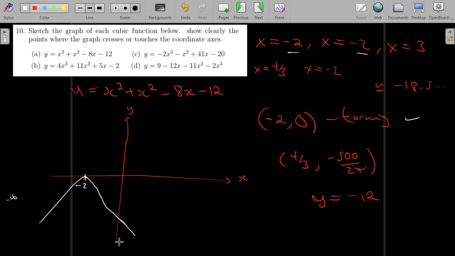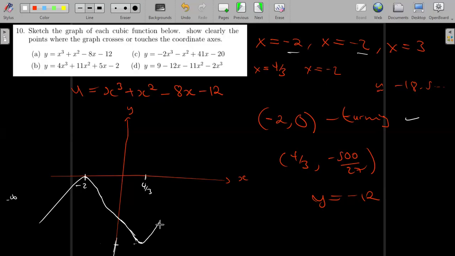Because I can't really draw up to a point, if I say this point here is negative 18, meaning my graph is going to turn from there. This point is what I'm calling my 4/3. So it will turn from there like that.